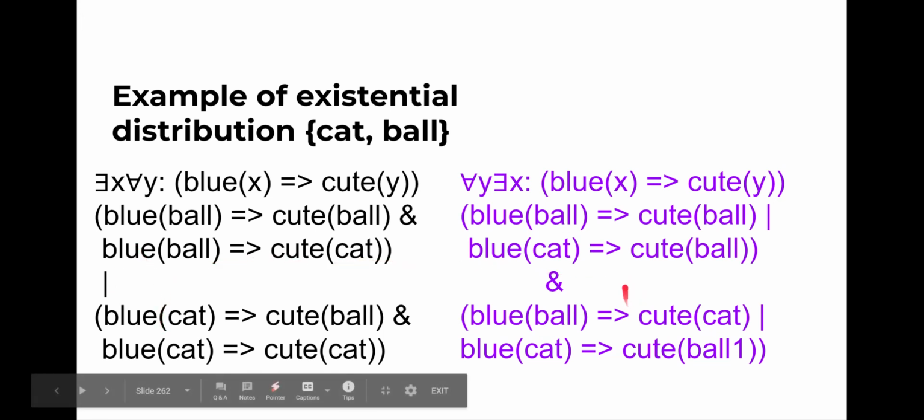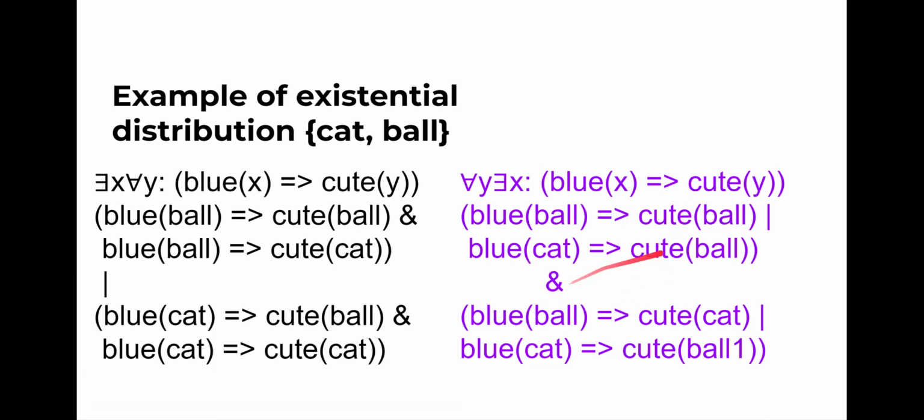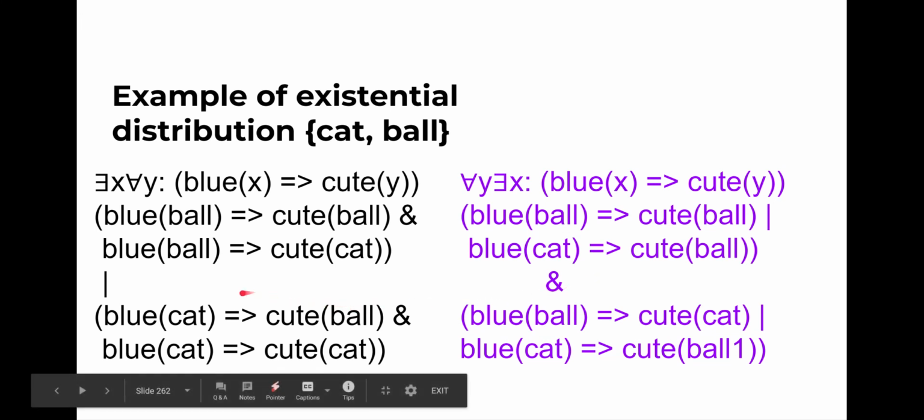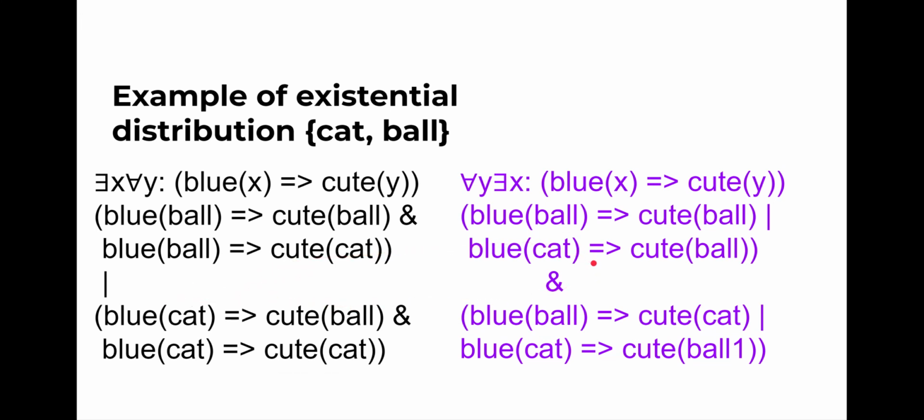That is allowed to be a conjunction of disjunctions, but you can't go the other way. You can't distribute this and out and replace it with or in this direction and maintain entailment from one to the other. So the black sentence entails the purple, but the purple does not entail the black.